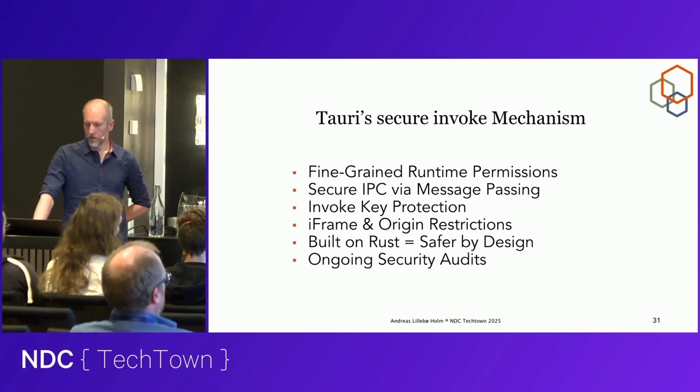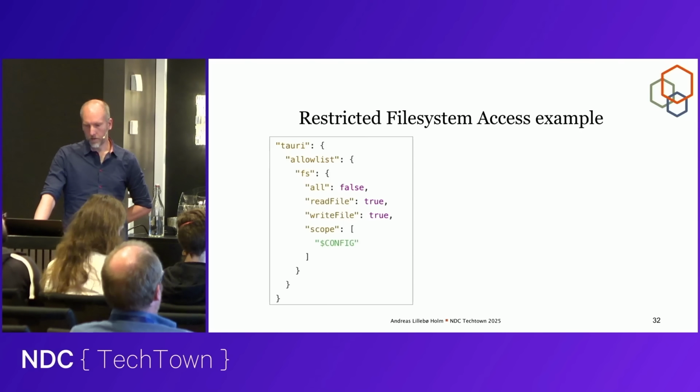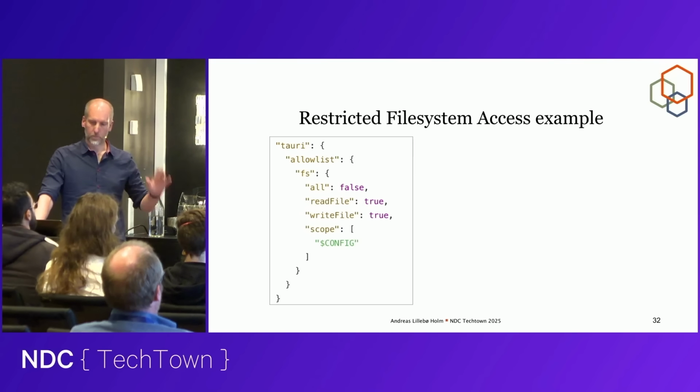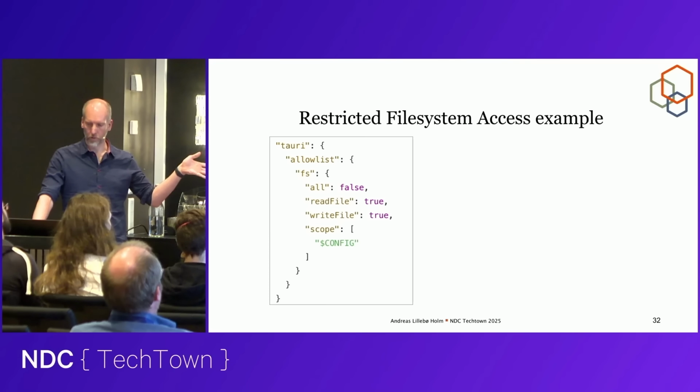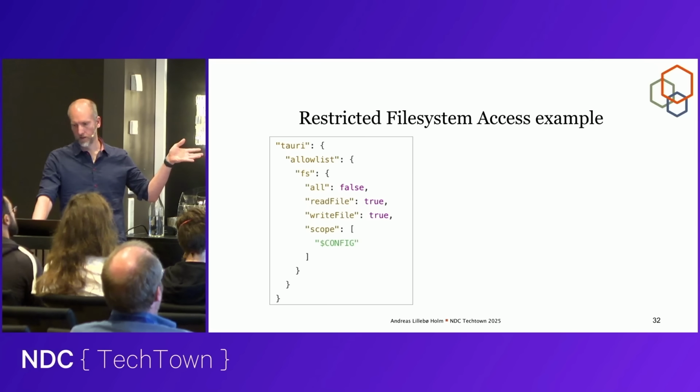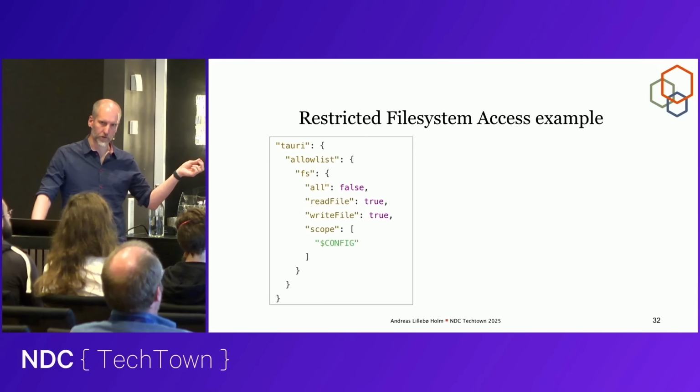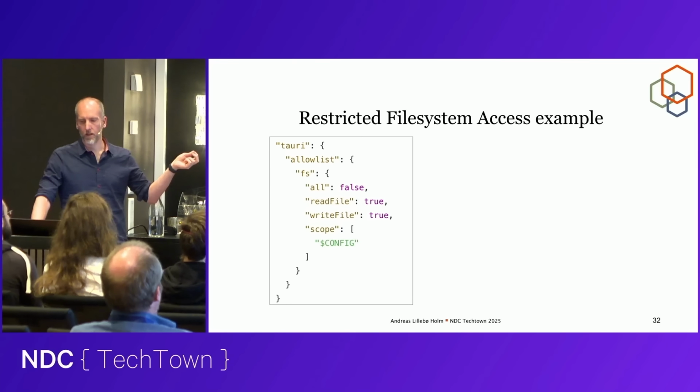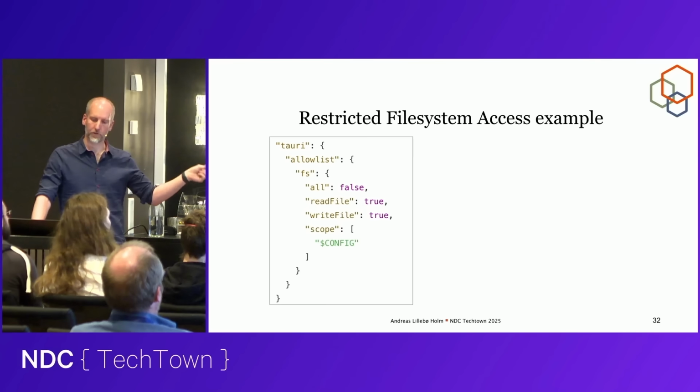A little bit of detail about this fine-grained runtime access. This is an example of a tauri.conf.json file where you need to specify what you want to give access to in your application. In this example, you say something about the FS file system.